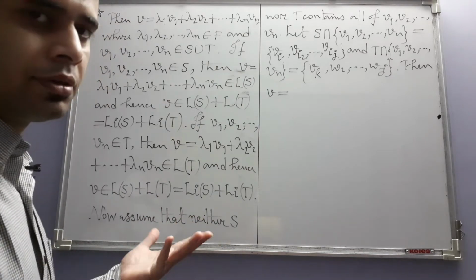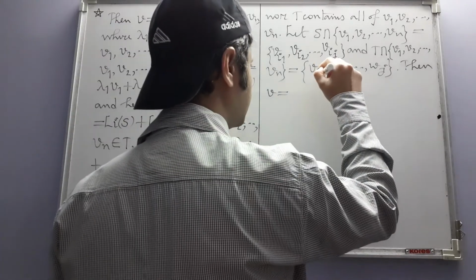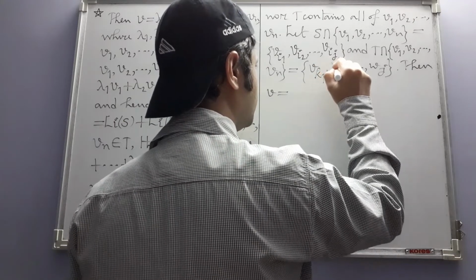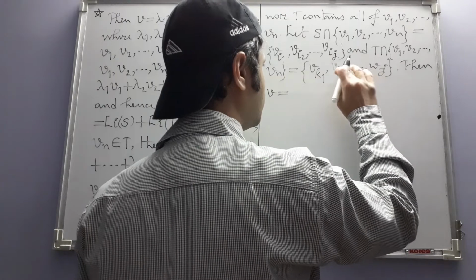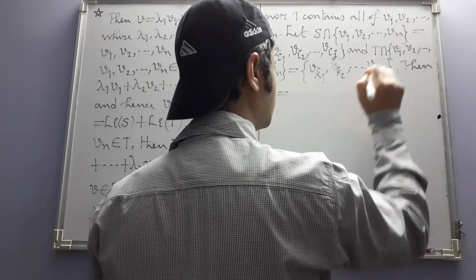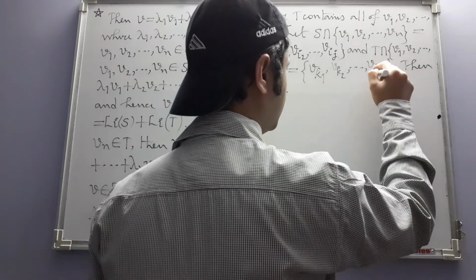Even if I have, you can understand what we are writing here. Vk1, Vk2, Vkl, say.